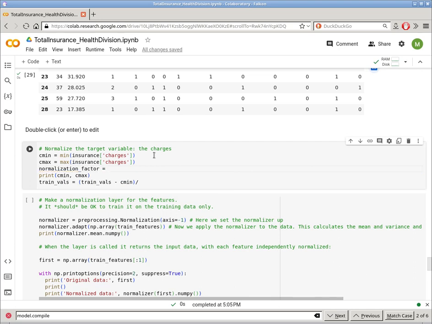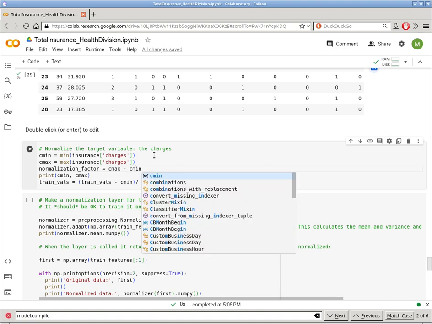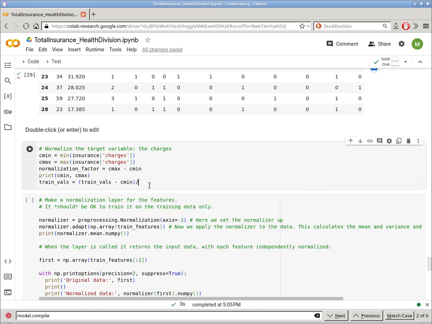So that's the range. The range of charges goes from min to max. So dividing by the normalization factor gets that down to 1, and multiplying by the normalization factor should restore it, right?